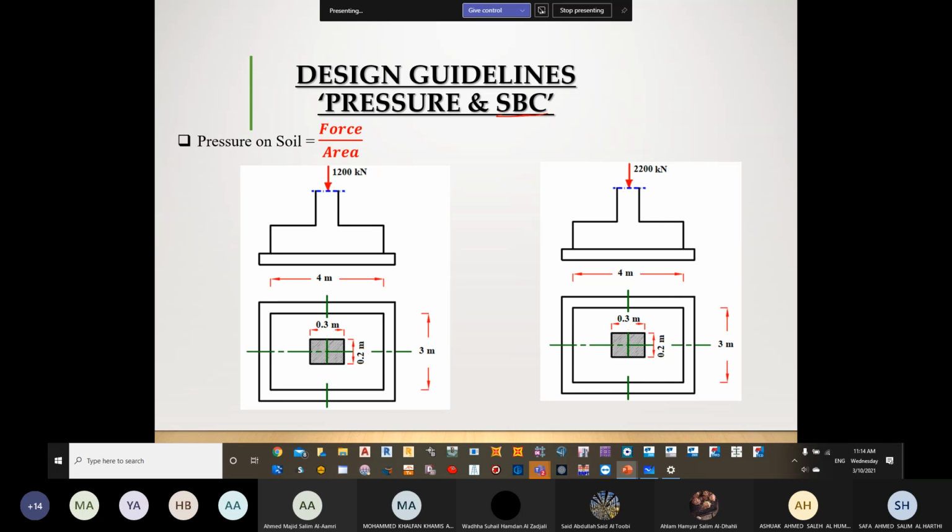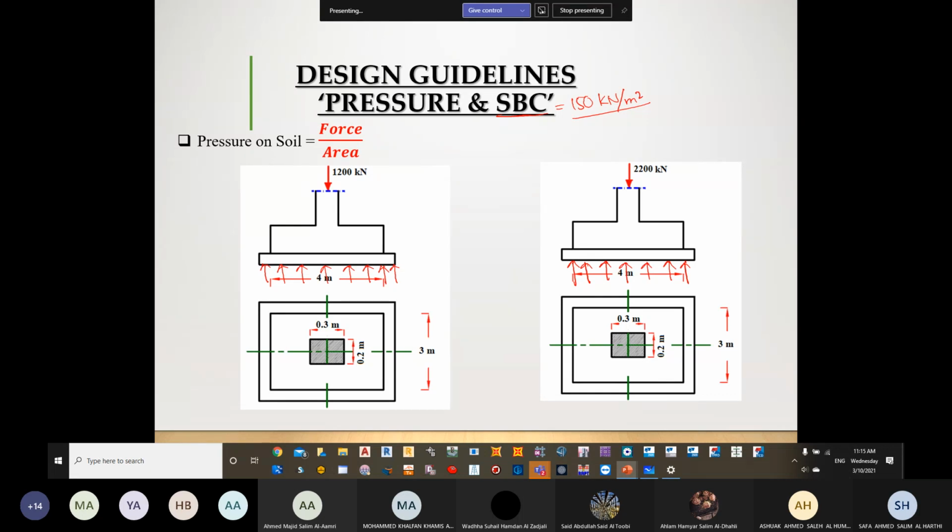Now let us assume in this scenario that my SBC is 150 kilonewton per meter square. So this soil is going to take up to 150 kilonewton per meter square.